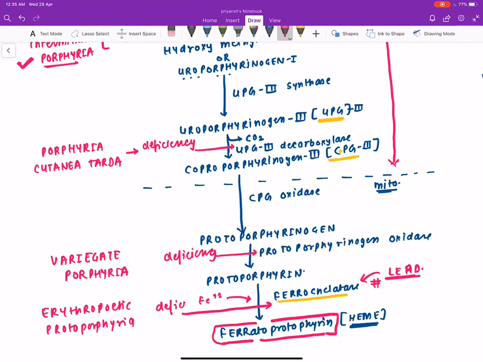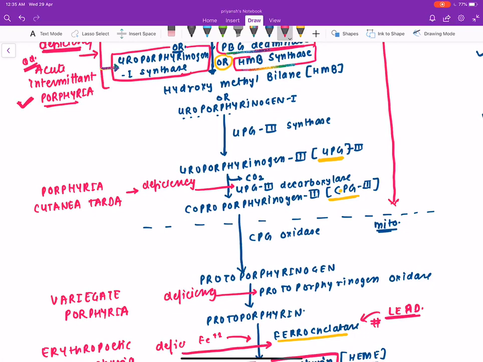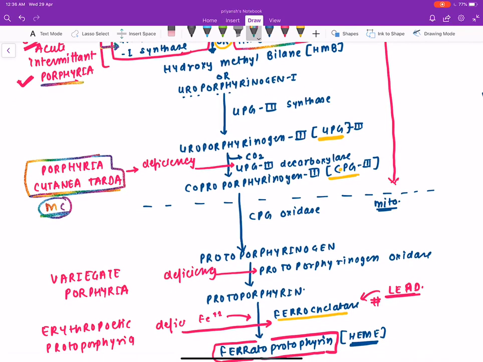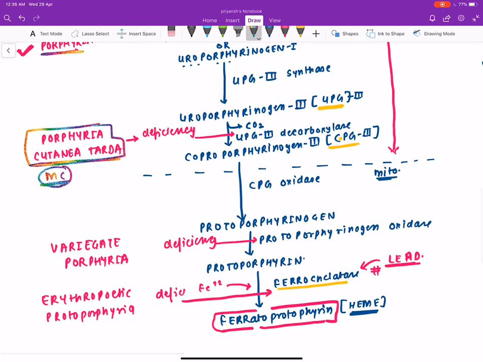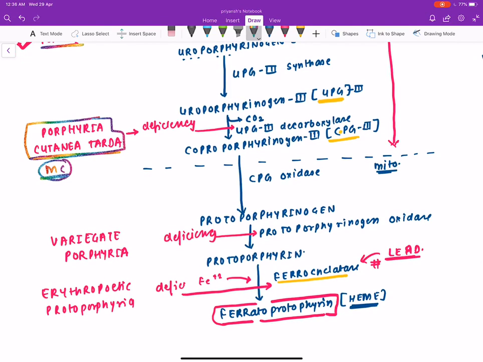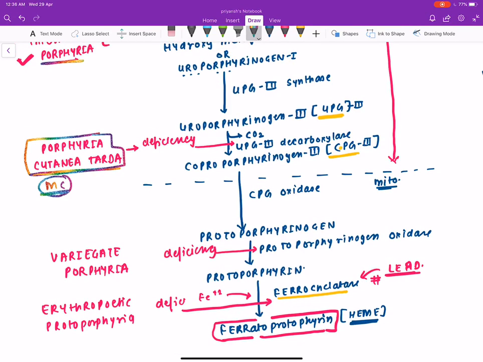If they ask which is the overall most common, it is porphyria cutanea tarda. It is a subclinical condition most of the time, so it is the most common porphyria overall. We will write down this information separately as well. Then variegate porphyria and erythropoietic protoporphyria. These are the 4 porphyrias that you should know at least.